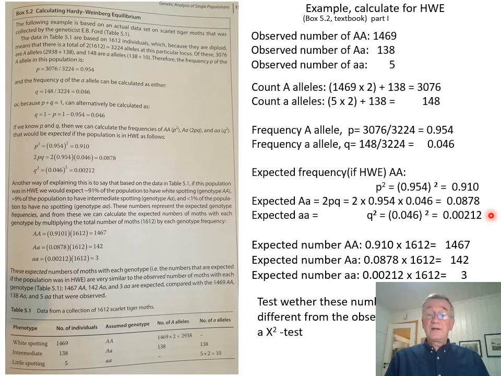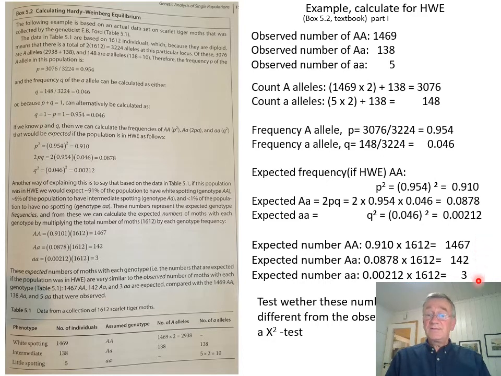Then we can calculate the expected number of homozygous and heterozygous individuals. We have the frequency, and we have the total number of individuals, which is this plus this plus this, 1612. So 0.910 times 1612 gives 1467. The expected number of heterozygous is 142, and the expected number of homozygous small a is 3.